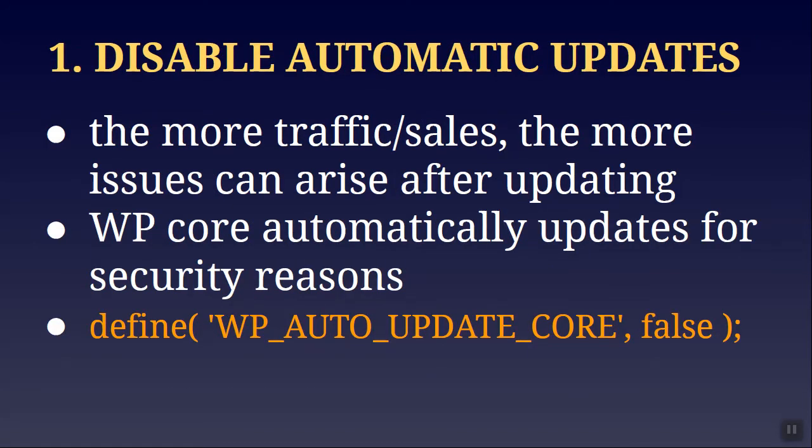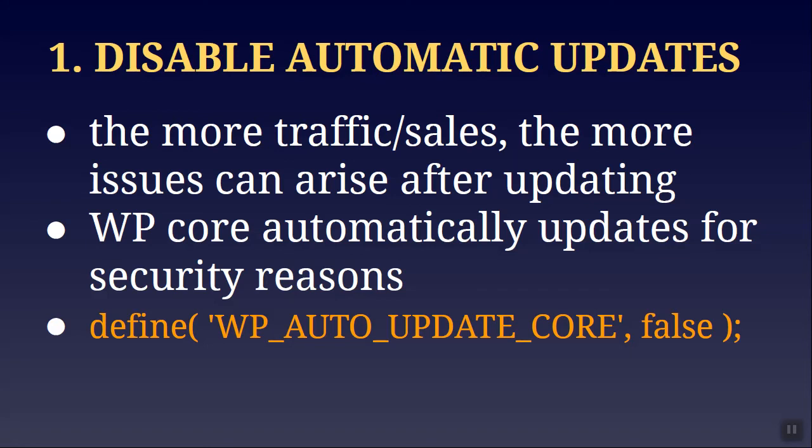So how do you disable automatic updates, and why? Of course, the more traffic and sales your WooCommerce site has, the more issues can arise after you update, even if you do minor updates. The problem with WordPress is that its core automatically updates for security reasons. But if you add this line to your wp-config file of your WordPress install, you will disable the automatic updates of WordPress itself.